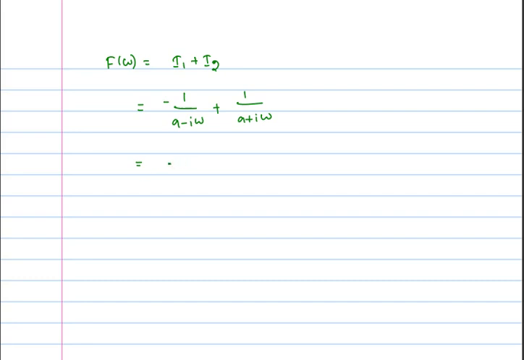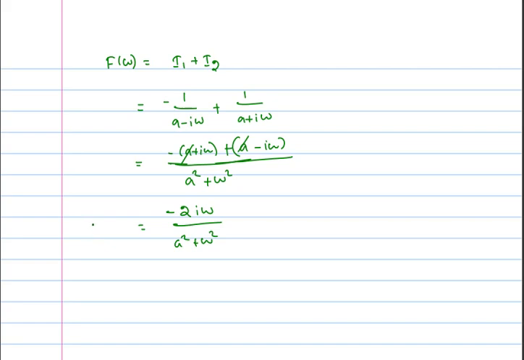If you combine them, you get a squared plus omega squared in the denominator, and in the numerator minus times a plus i omega plus a minus i omega. The a terms cancel, leaving minus i omega plus i omega, so minus 2i omega divided by a squared plus omega squared. This is our F of omega.